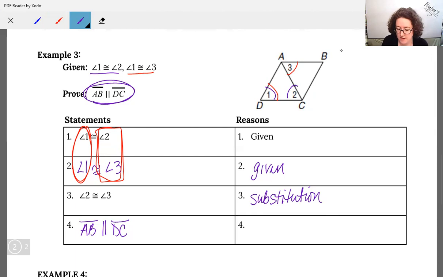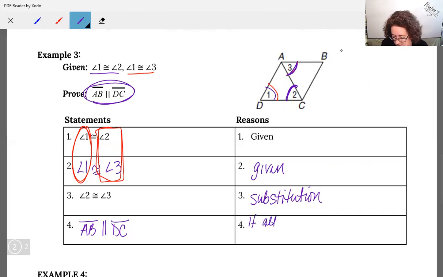So if angle 2 and angle 3 are congruent to each other, do they make a special pair? They make alternate interior angles. So this is actually our converse. If alternate interior angles are congruent, then the lines have to be parallel.